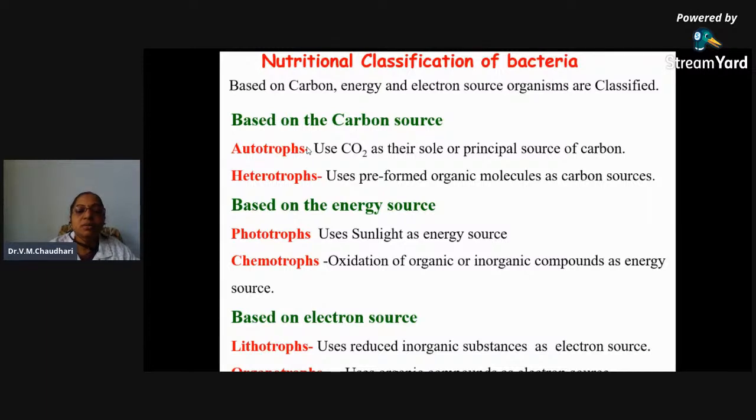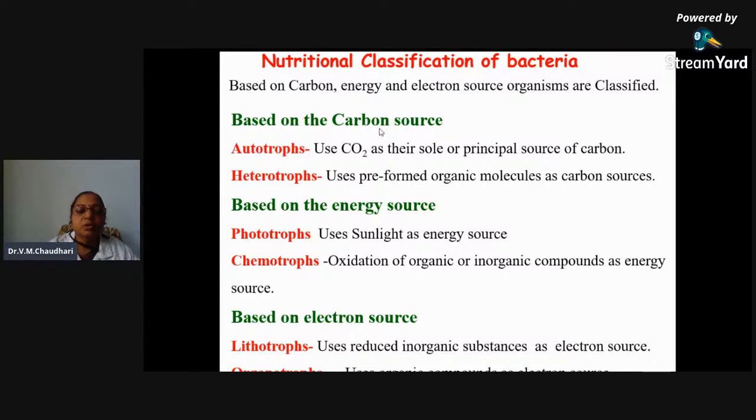So all these are autotrophic organisms. The heterotrophs are those which utilize already formed organic molecules, meaning the autotroph prepared the food material and that food material is taken up by the heterotrophic organism.